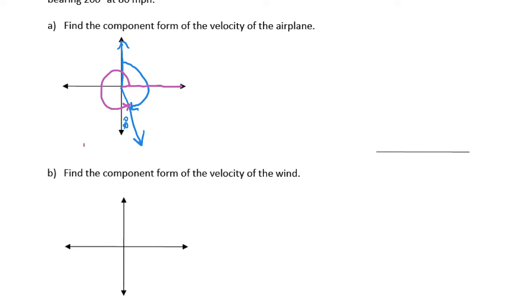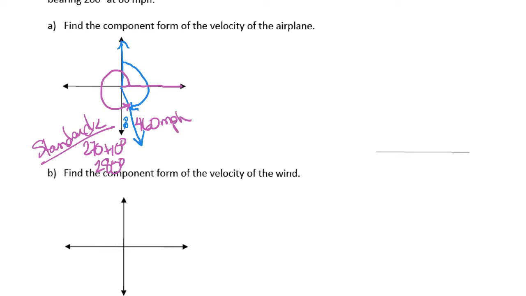So this is 270 plus 10 degrees, which gets me my standard angle of 280 degrees. And the magnitude, in other words the speed, is 460 miles per hour.